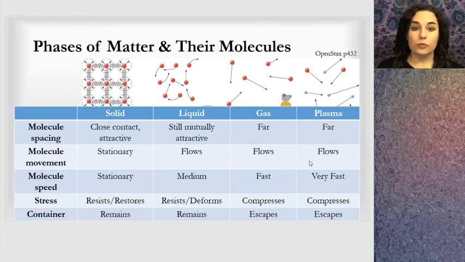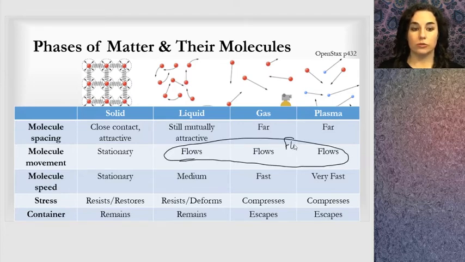In the other 3 phases, the liquid, the gas, and the plasma, all of the molecules flow past one another. And this is actually the distinguishing feature of a fluid. That is what we're going to define to be a fluid. So yes, liquids are fluids, but gas is also a fluid and plasma is also a fluid based on this quality of flowing.